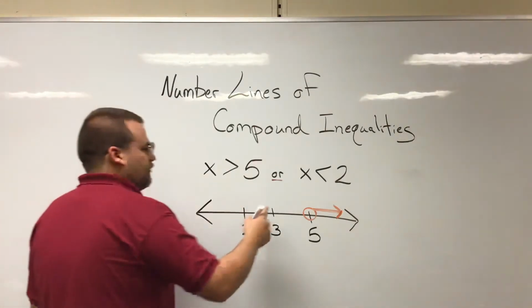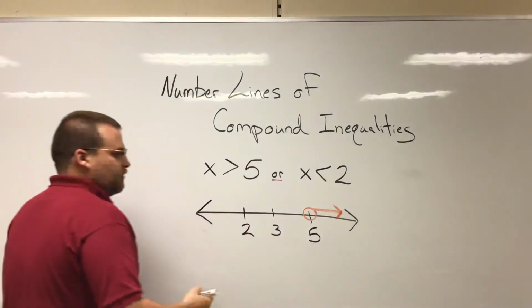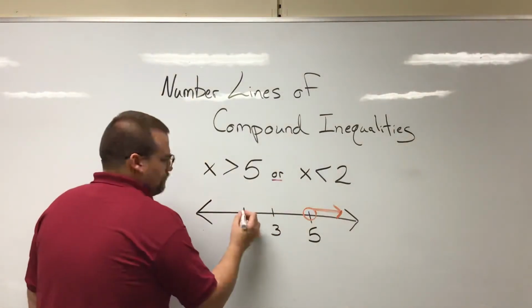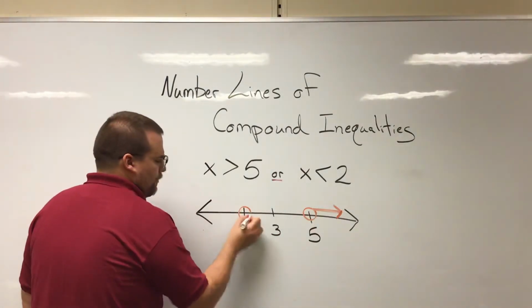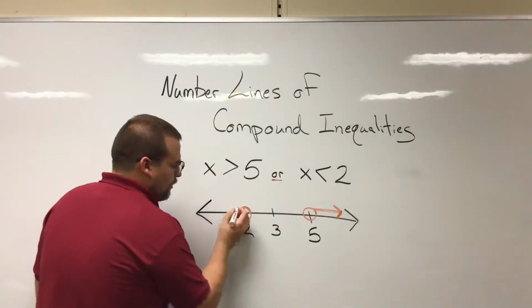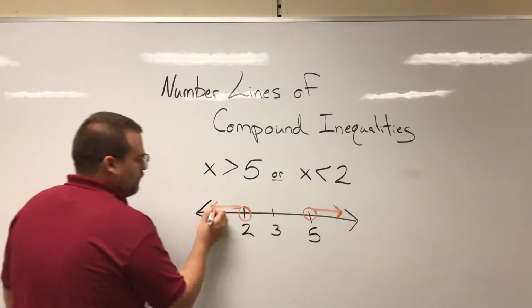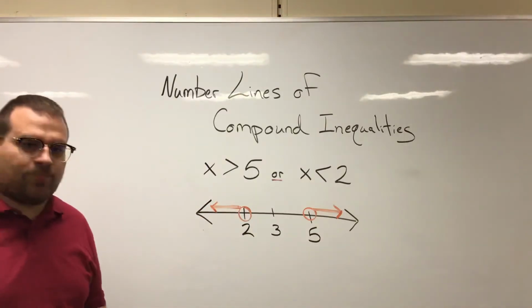Our second interval says x is less than 2. So I'm going to go to 2, put an open circle, because not or equal to, and then it says less than, so I'm going to send my arrow in the less than direction. And we've made our number line.